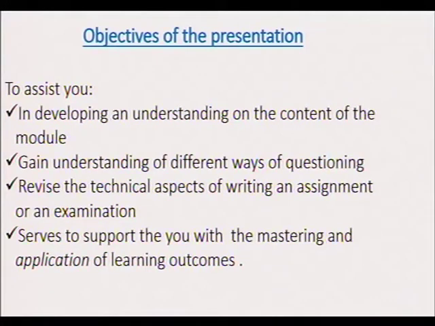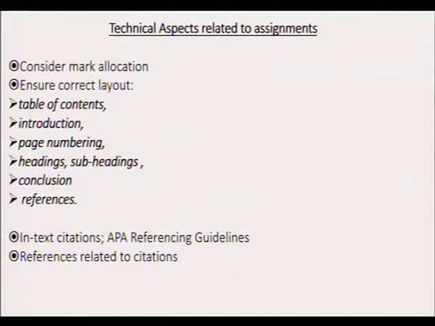As you know, this specific course has certain learning outcomes for each of the three sections of the course, and you should familiarize yourself with these learning outcomes. There are some technical aspects related to writing assignments. I know they are focusing on preparation for the examinations, but it's also important to remind you that whenever you do your assignments, there are certain things you should keep in mind, especially when it comes to marking allocations.